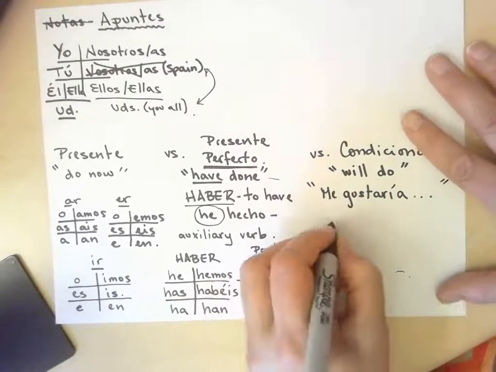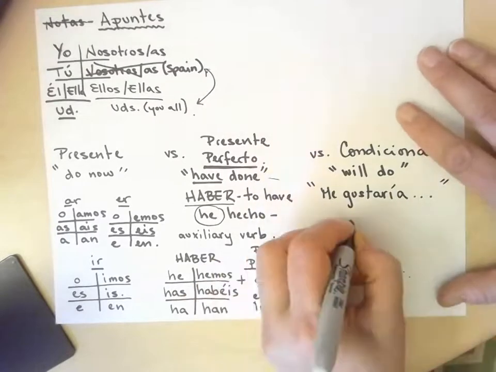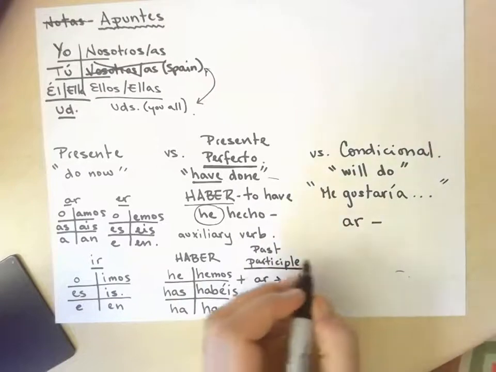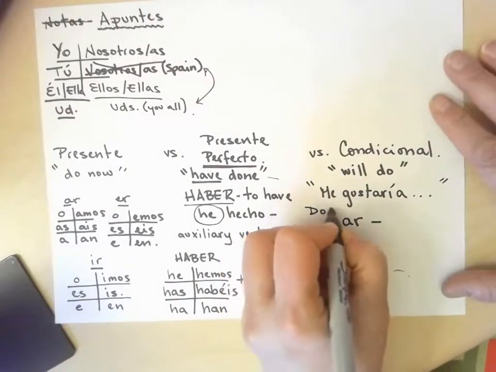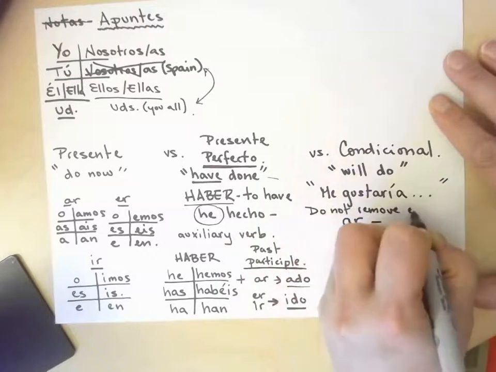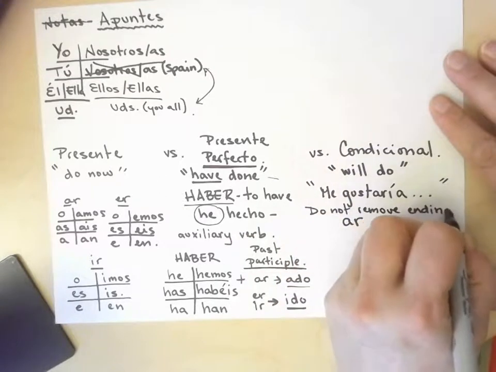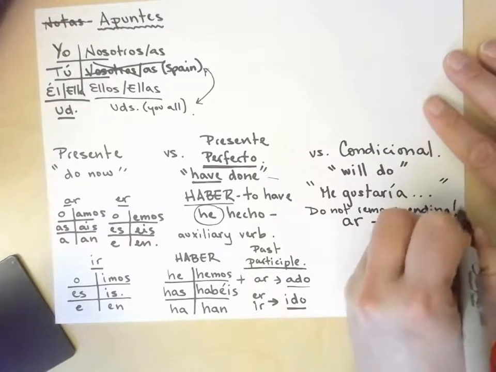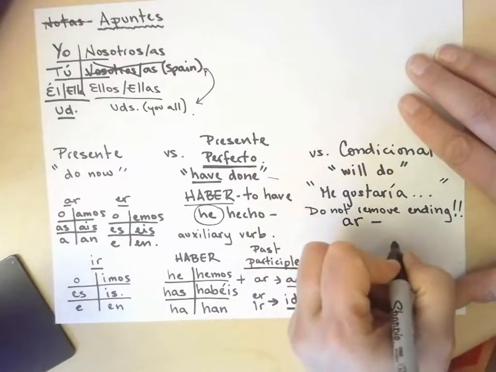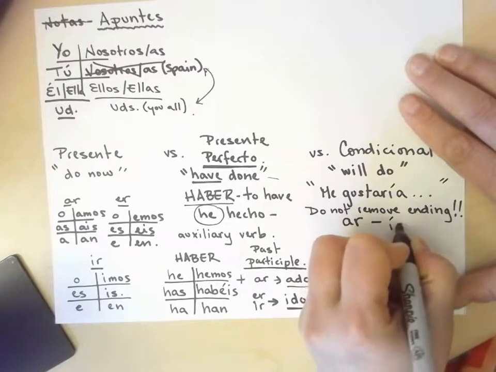Mira. Let's say for an AR verb, you do not remove the ending. It's one of the few tenses where you do not have to do that. Okay, so hablar, you just add ía.